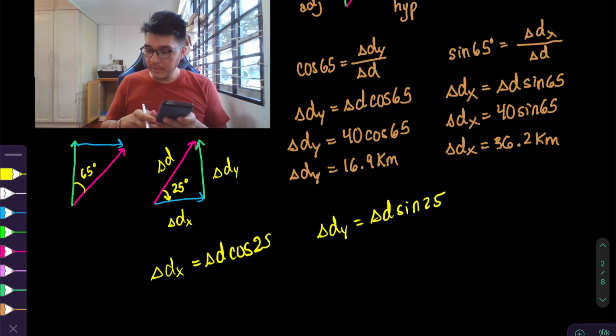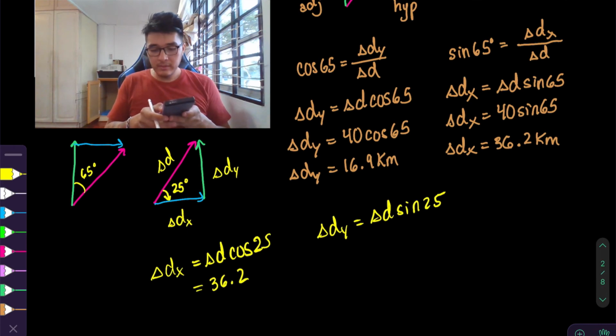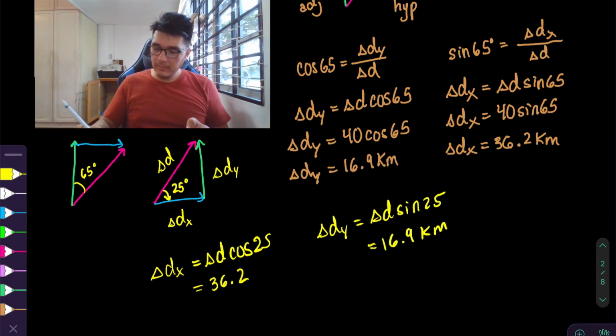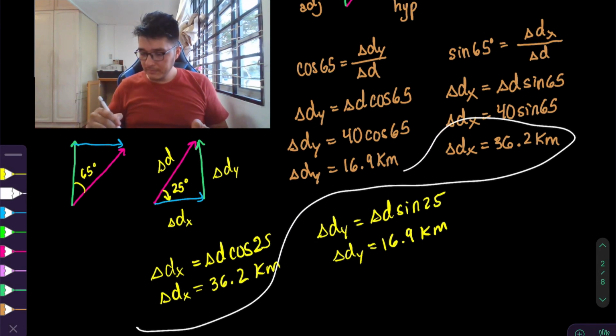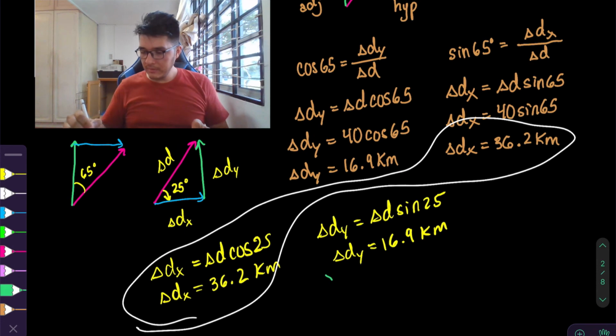So let's plug in the values. 40 cosine of 25, 36.2, and then 40 sine of 25, 16.9. So you see, we actually get the same x value and we got the same y value.